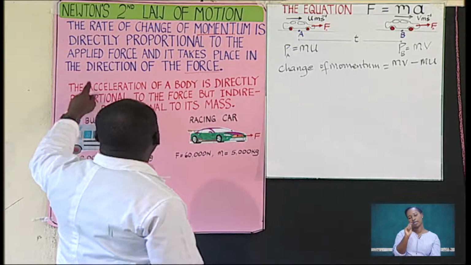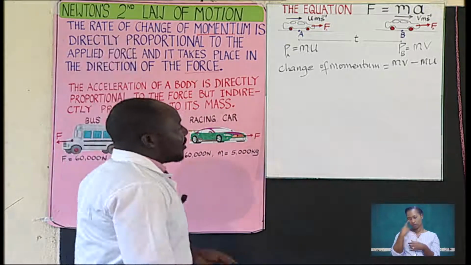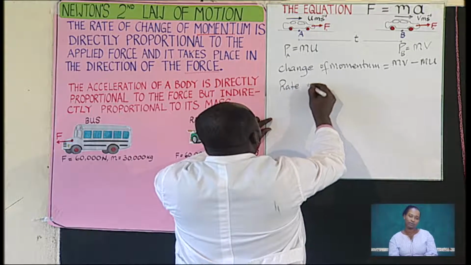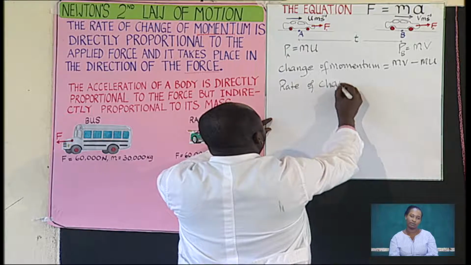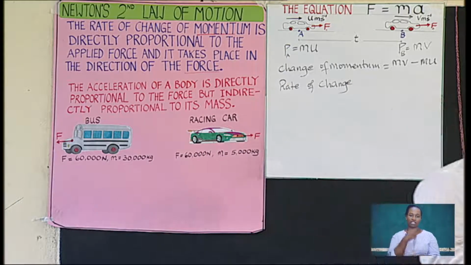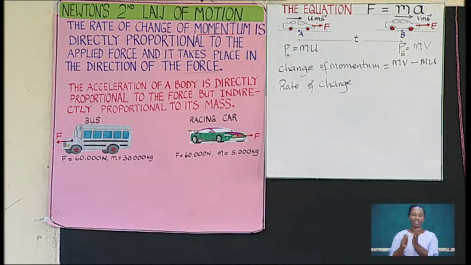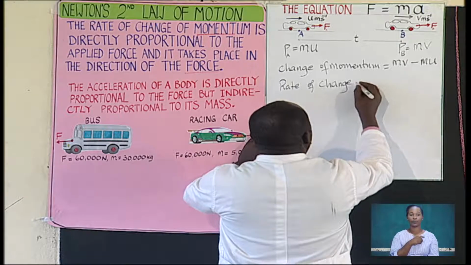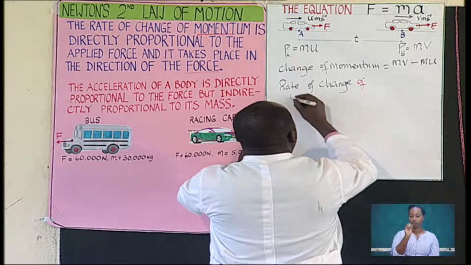Let us now factor in this rate of change. I'm going to change the color of my marker. Let me use red. So rate of change of momentum.